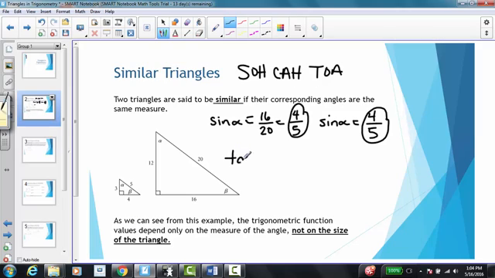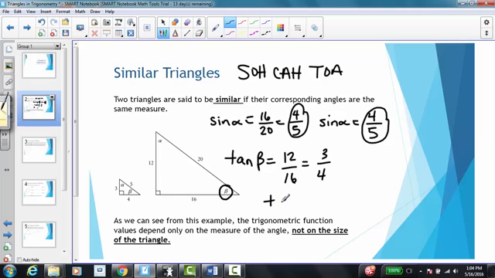Let's look at the tangent of angle beta of the larger triangle. With the larger triangle, I have beta down here, and I need opposite, which is 12, over adjacent, which is 16. That's going to simplify down to 3/4.